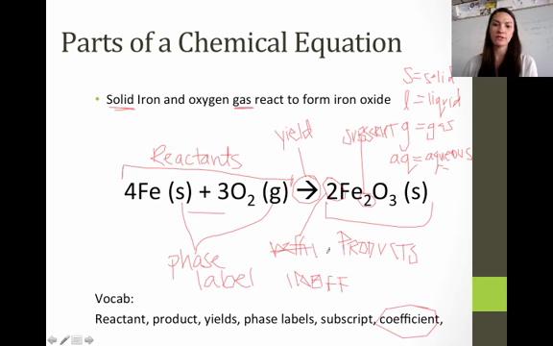So the parts of the chemical equation you are responsible for are your reactants, your products, your yield sign, which is the arrow, the phase labels, which are solid, liquid, gas, aqueous, which means dissolved in water, your subscripts, and your coefficients.